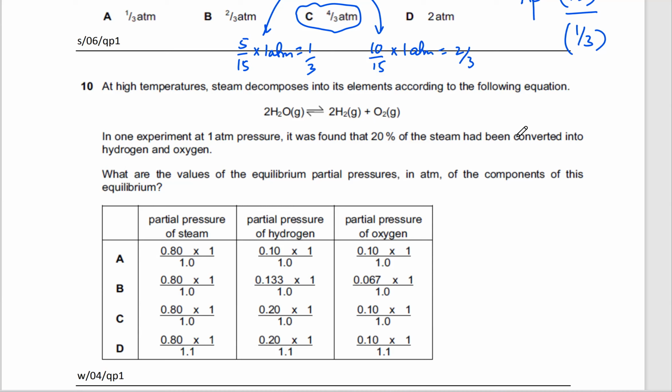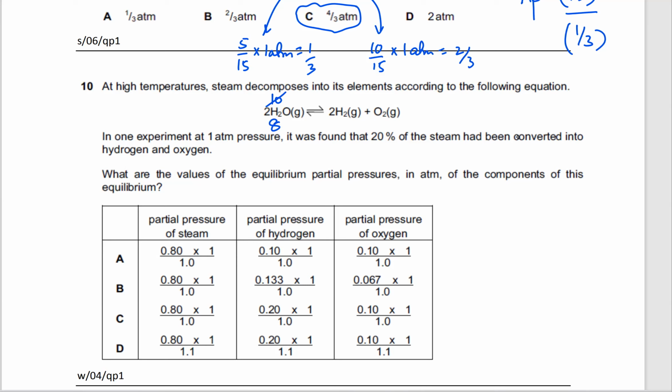No, let's say you start off with 10, right? So how much is left? 8. So you're left with 8, right?